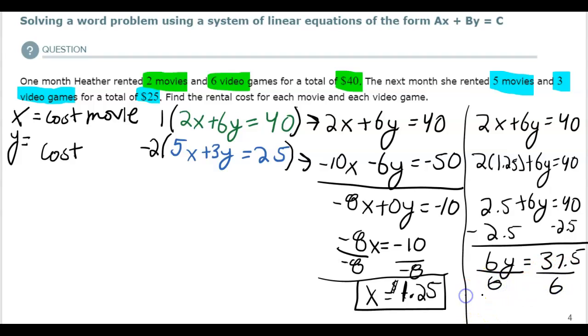So I end up with my video games costing $6.25, which makes sense that video games are more expensive than movies.